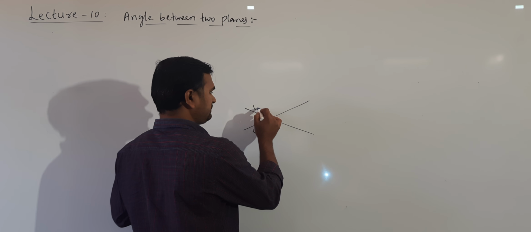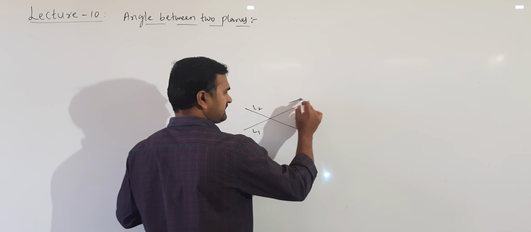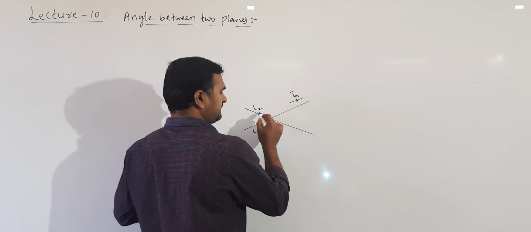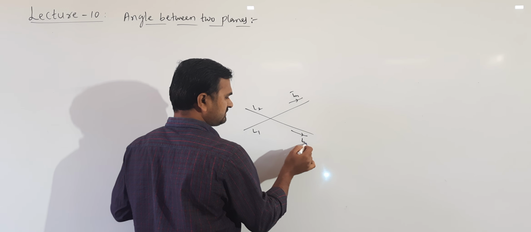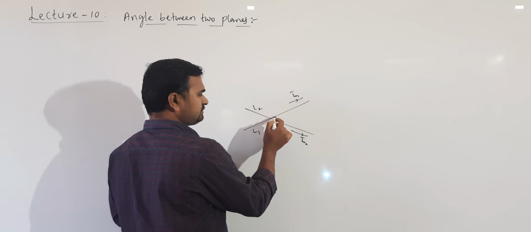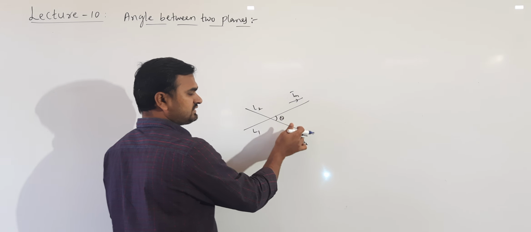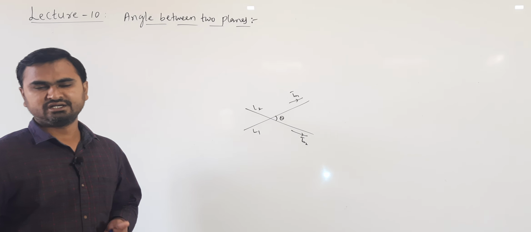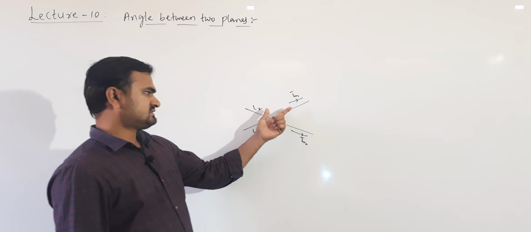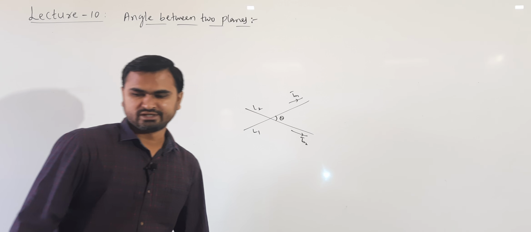L1 and L2: we know L1 is parallel to b1 bar and L2 is parallel to b2 bar. So the angle between the two lines is the same as the angle between their parallel vectors b1 bar and b2 bar. Using that concept, we find the angle between two lines.